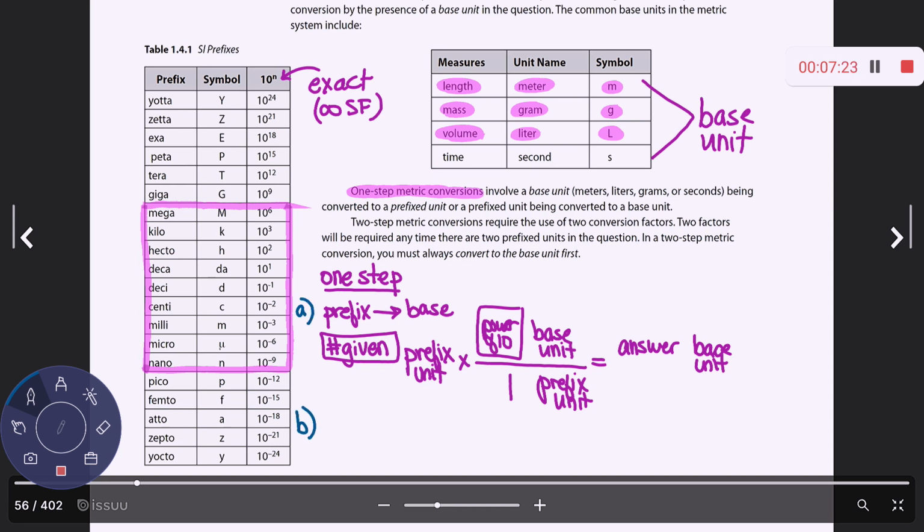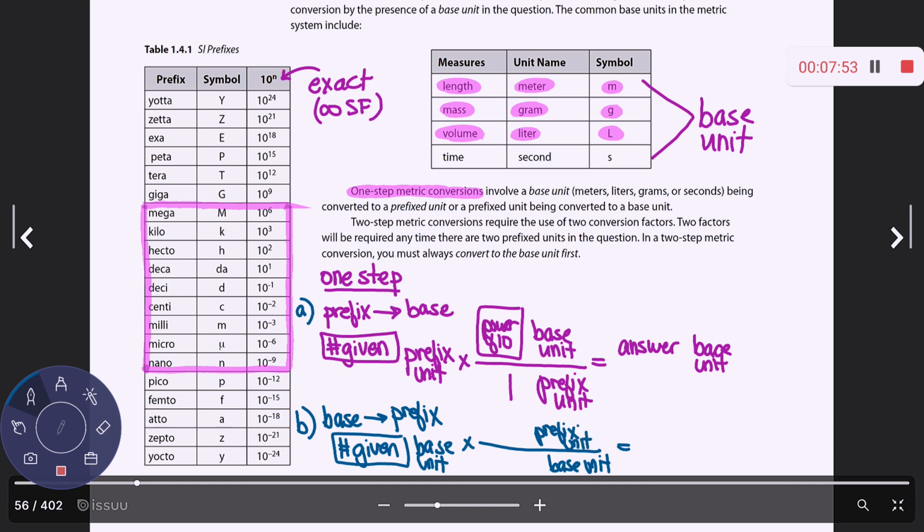The second example will be a base unit to a prefixed unit. So whatever number that you're given, it will go here, and then you'll put the base unit here. On the diagonal, the base unit will go here, and then the prefixed unit will be on the top.